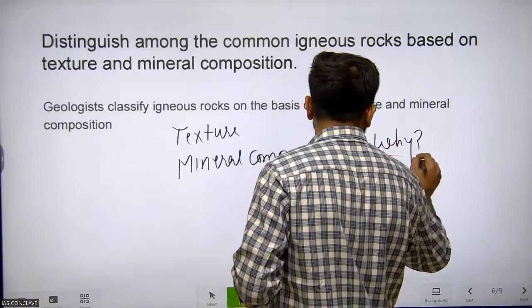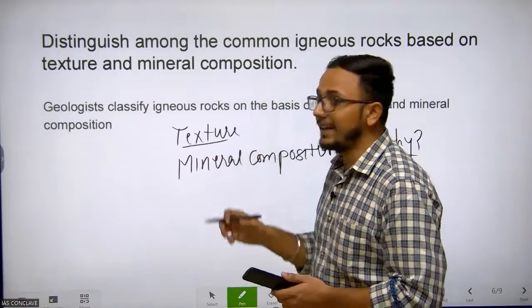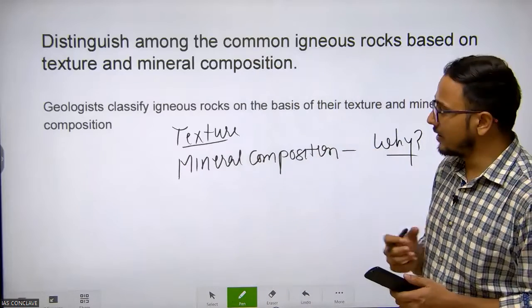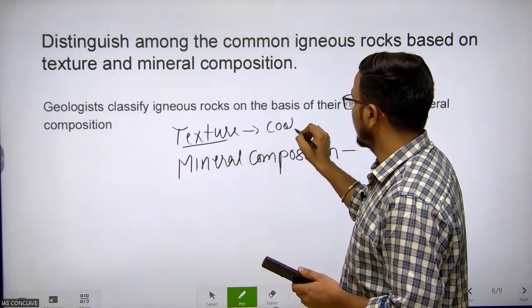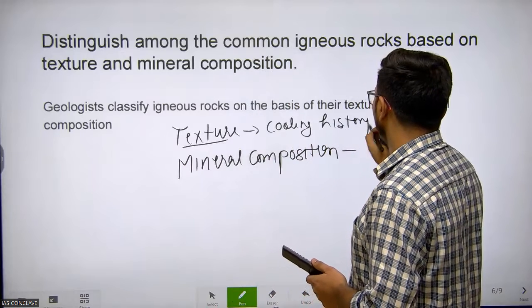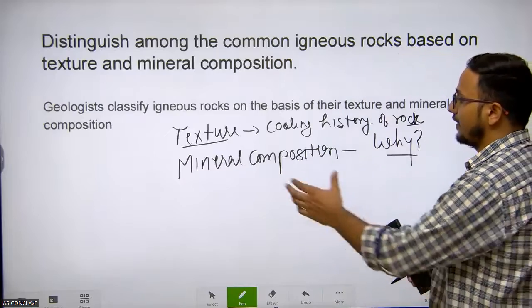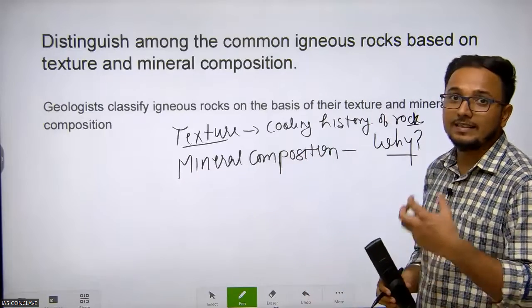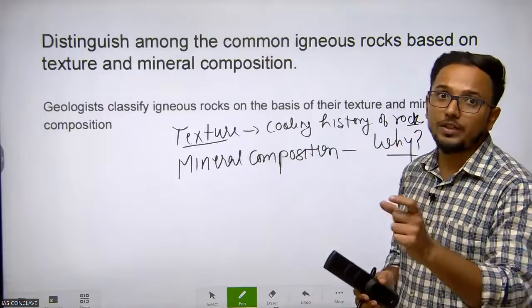It is because texture tells us the cooling history of the rock, and mineral composition defines the silica content and other ionic compositions of the rock.